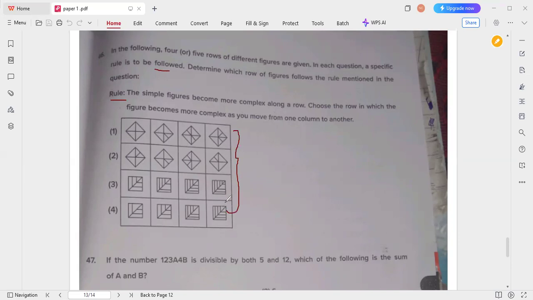Just observe this third row, the figures from simple became more complex. So that's why option 3 is the correct answer. You can observe the lines there, so you can compare with some other rows. So option 3 is the correct answer.